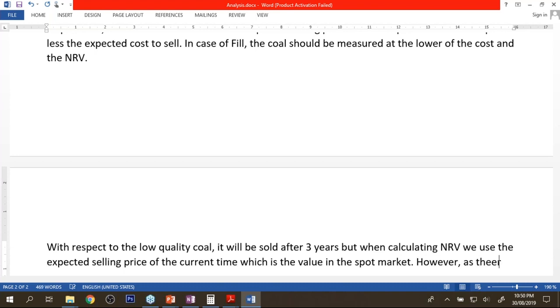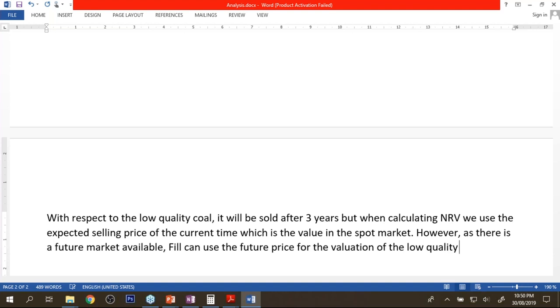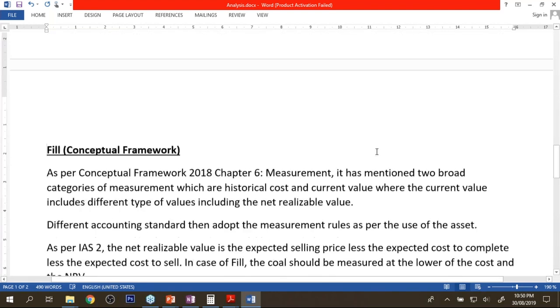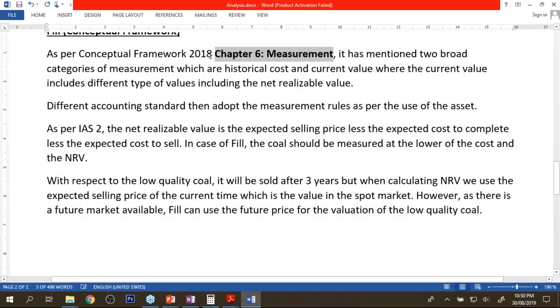However, as there is a future market available, Phil can use the future price for the valuation of the low quality coal. So this was one of the examples of the framework questions that was being asked in the exam. And this actually related to the area of the measurement of the conceptual framework 2018.